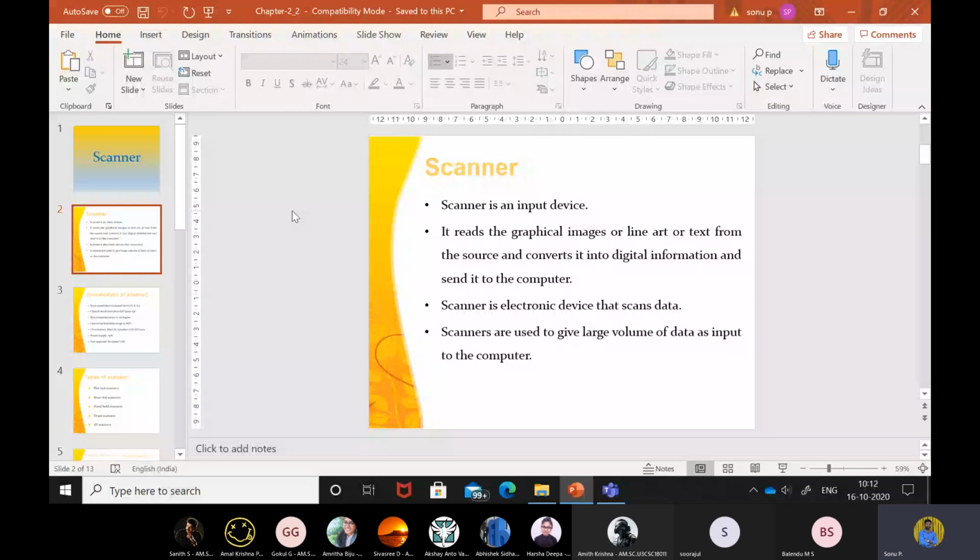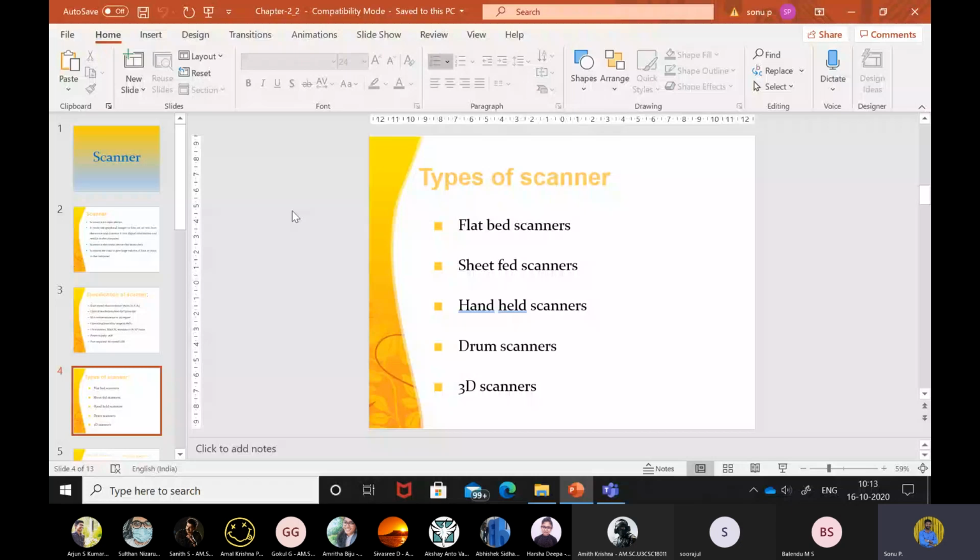There can be different types of scanners available in the market, and we can look into that later. The first one is the major type of desktop machine based scanner that can be used in offices and for home purposes. That is called a flatbed scanner.